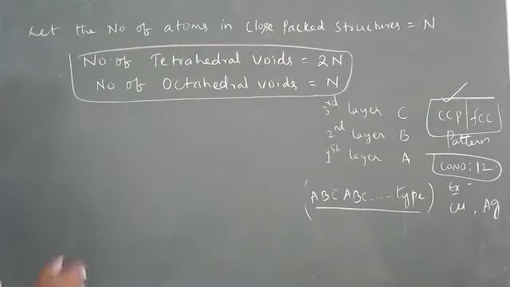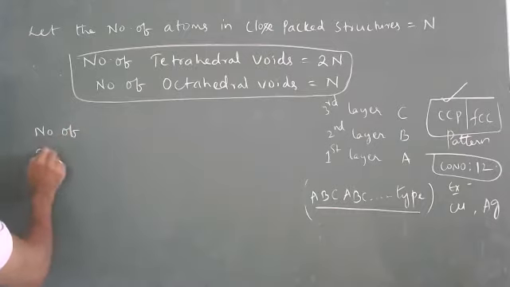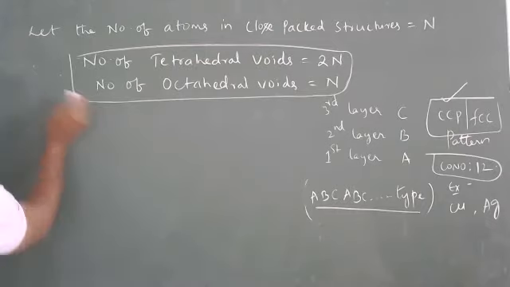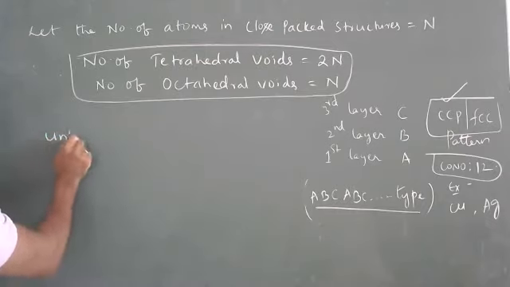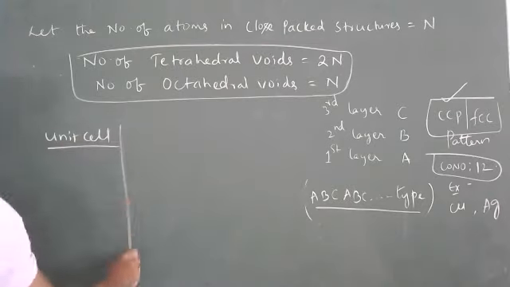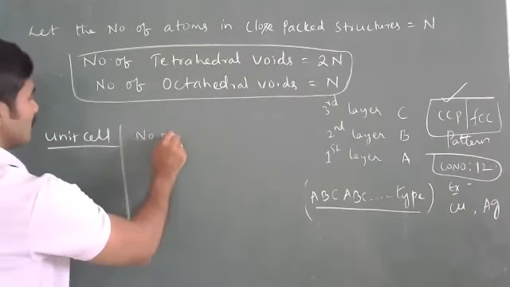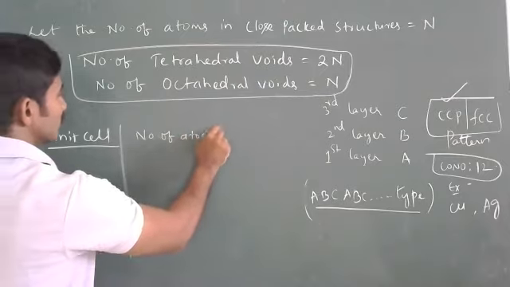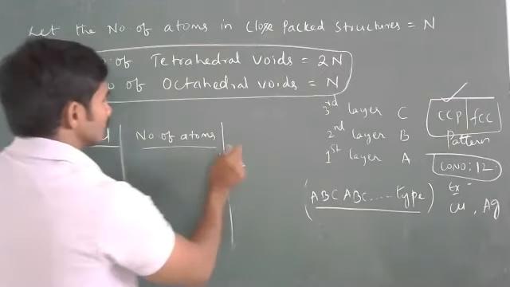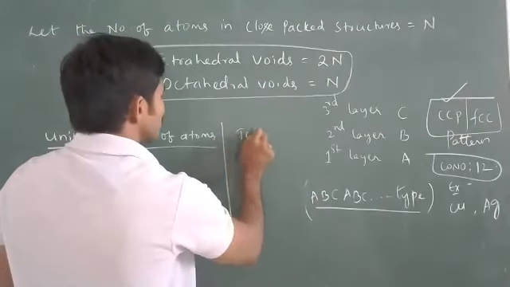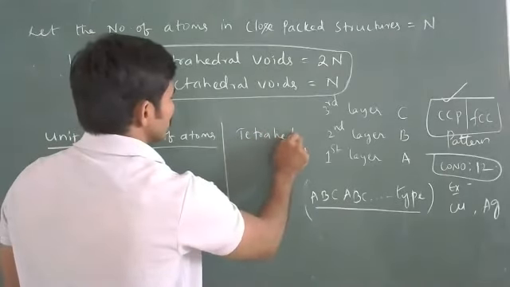Is it clear? If the number of atoms is n, then in the unit cell the tetrahedral voids are 2n and the octahedral voids are n.